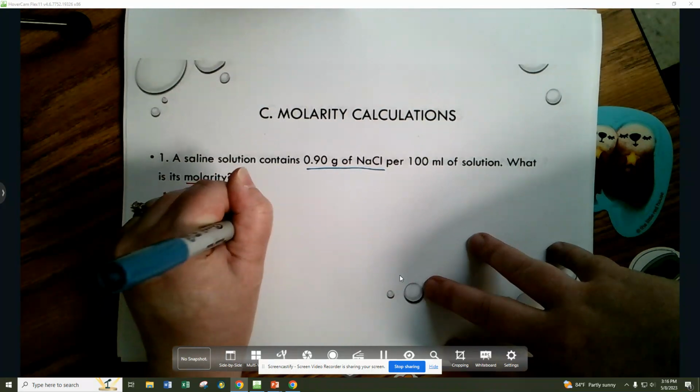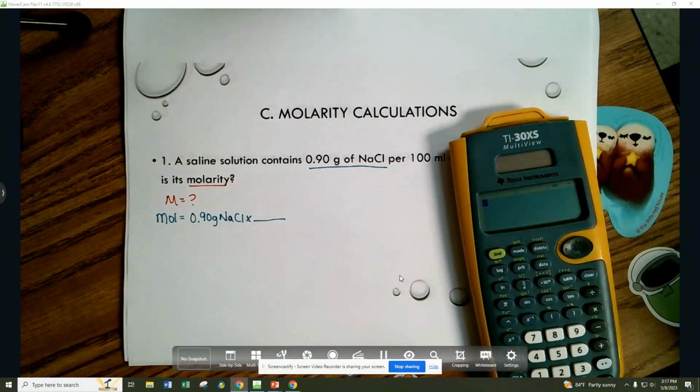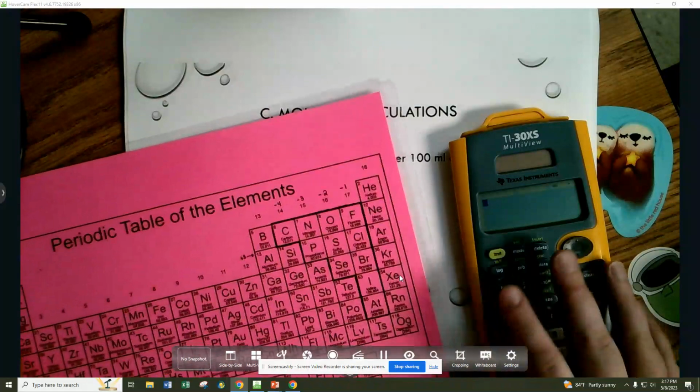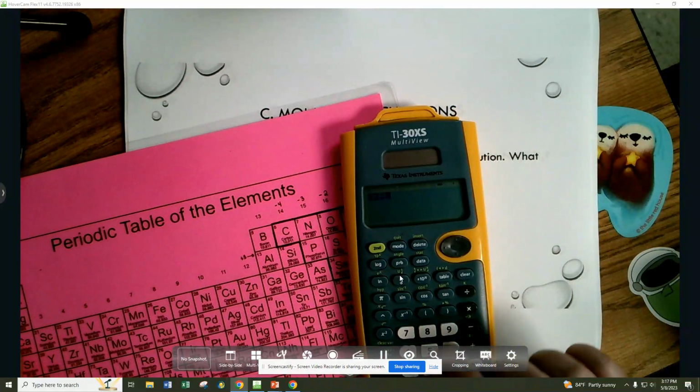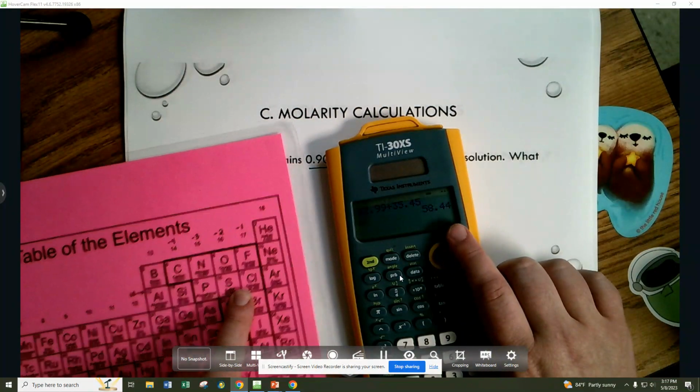In order for this to work, we need the molar mass to allow us to complete a conversion. I need to grab a calculator real quick. So what we're going to do is find our molar mass of sodium chloride. Sodium is 22.99 and chlorine is 35.45. So we have 58.44.